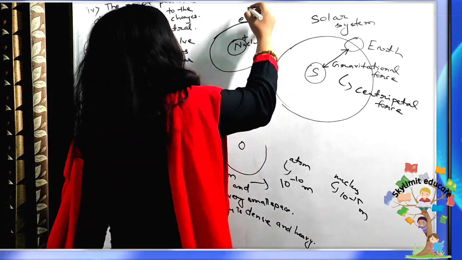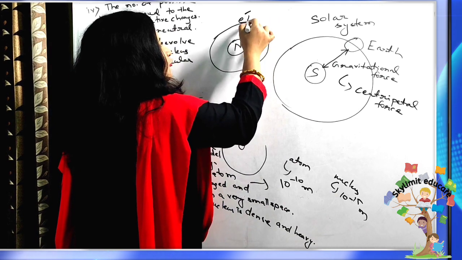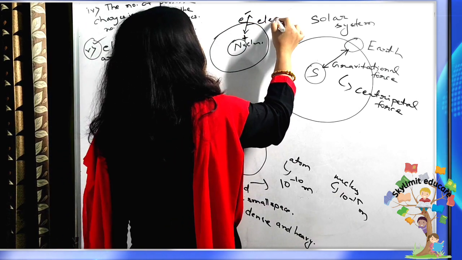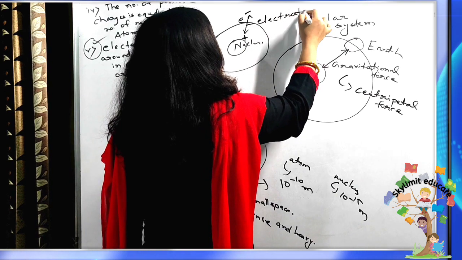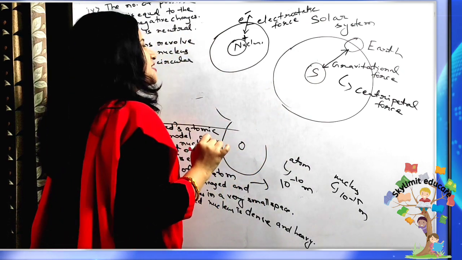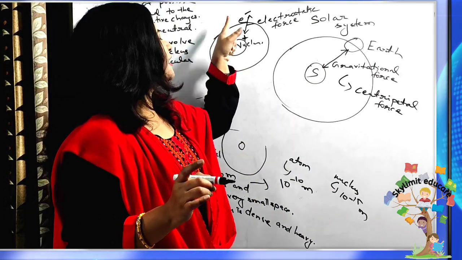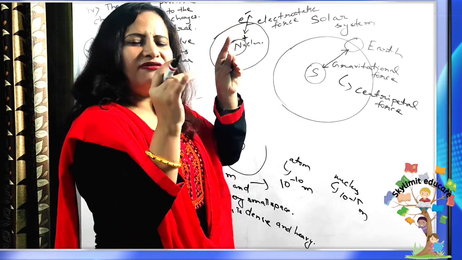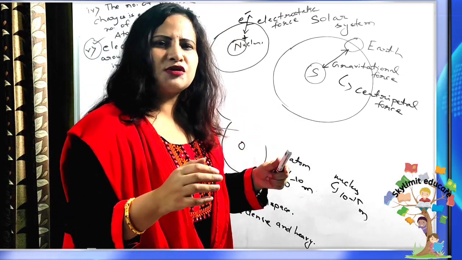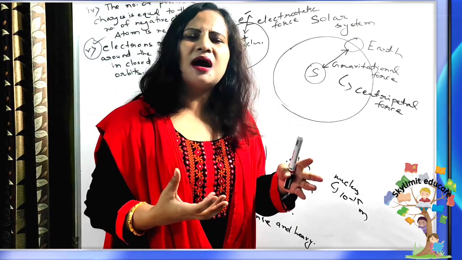Because if the electron is negatively charged and the nucleus is positively charged, we know that a force of attraction called the electrostatic force exists between the two oppositely charged particles. Electrostatic force. Try to understand this, okay? So just like this, the nucleus is carrying positive charge. Electrons are carrying negative charge. And if electrons are still, not in motion, what will happen? Definitely, the nucleus is having a greater mass than the electron.